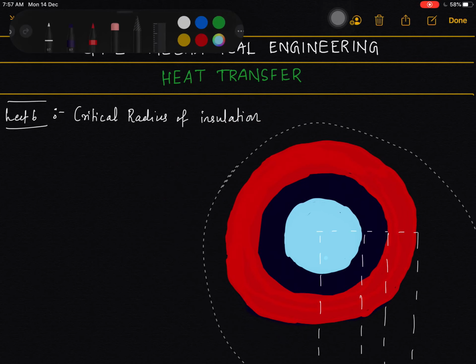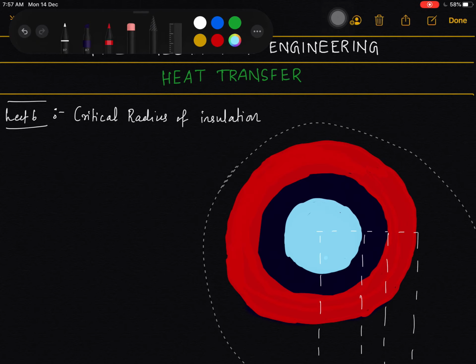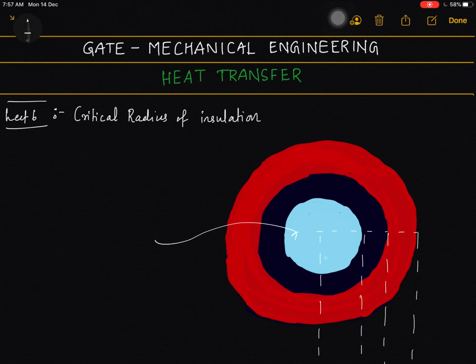So suppose this is the pipe which is denoted by the color violet, and this is the fluid that is flowing through this pipe, and it is having the heat transfer coefficient Hi, and this is the pipe material which is having the thermal conductivity K pipe, and this is the insulation material that is around this particular pipe.